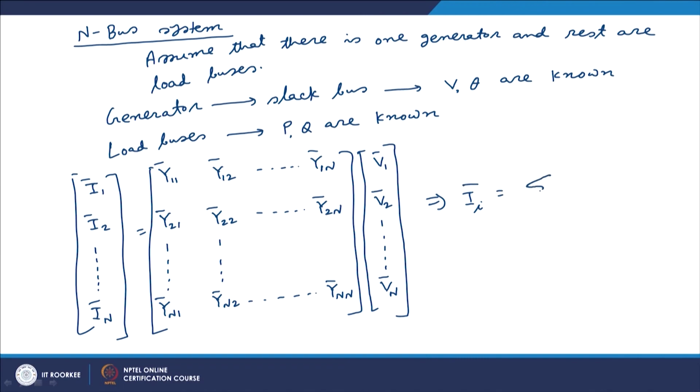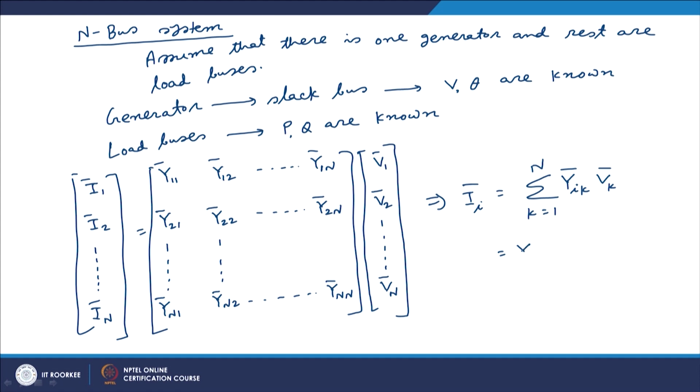As we already know, the vector I1, I2 to In is nothing but the bus injection current vector. V1, V2 to Vn is the bus voltage vector, and the matrix Y11, Y12 to Ynn is the bus admittance matrix. We have already seen how this bus admittance matrix is formed, and we have also looked at some of its properties. Now, for any ith bus, we can write down the summation of Yik Vk.